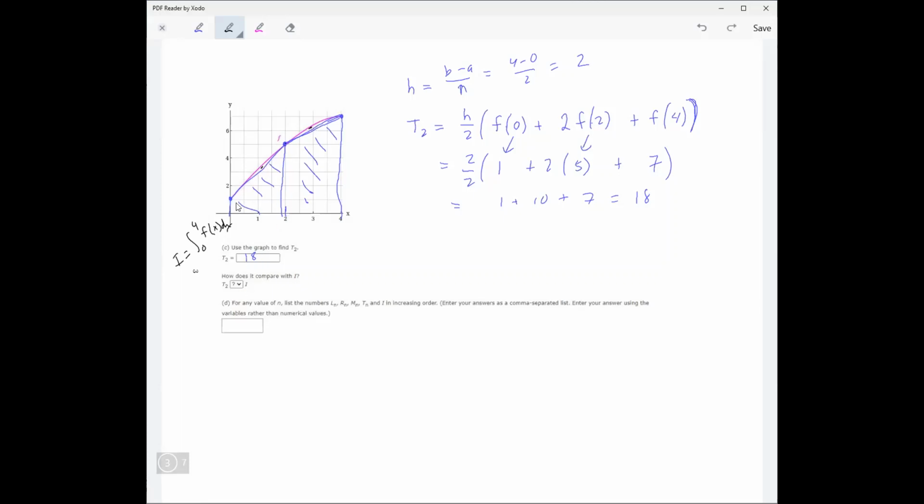So the actual integral would be bigger. So T2 in this case is less than I. And in order, the smallest one is going to be L2, of course, that's the left endpoint. The largest one is the right endpoint.